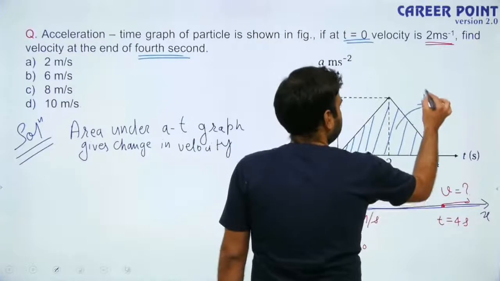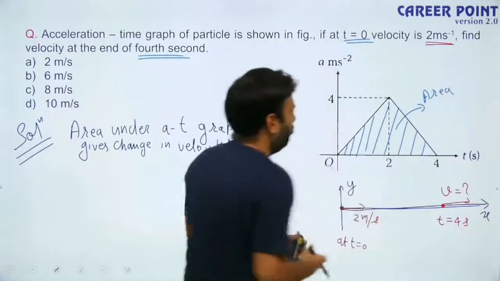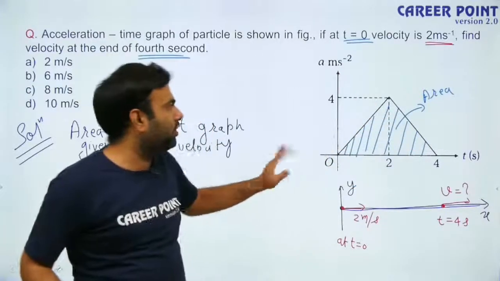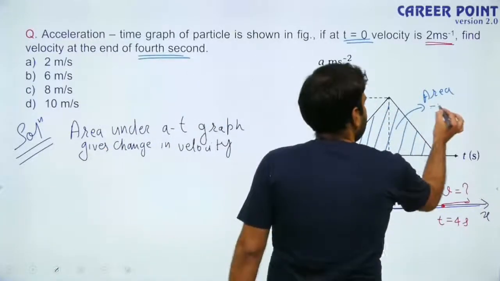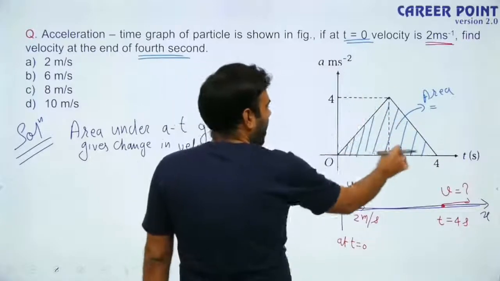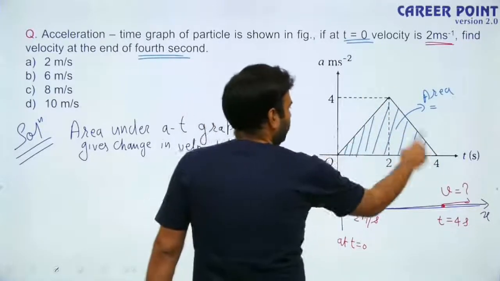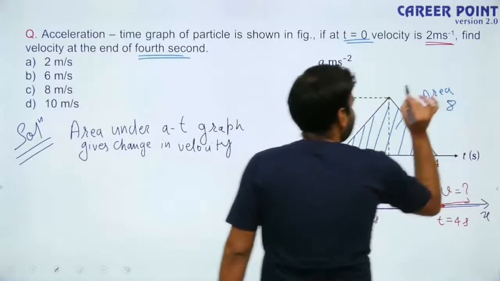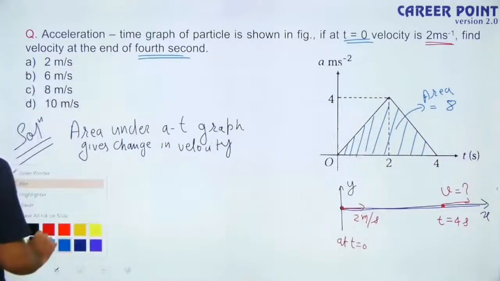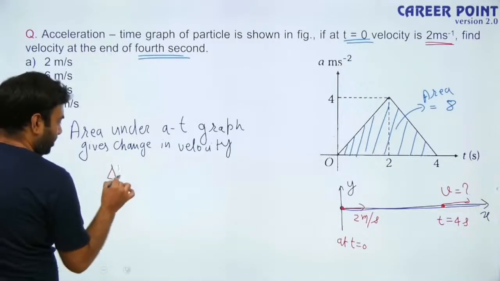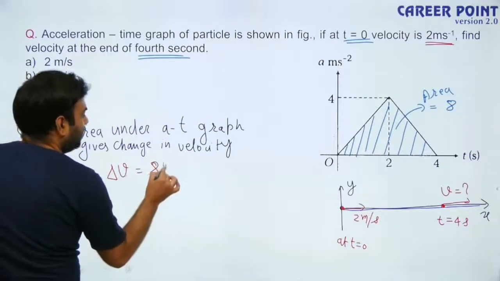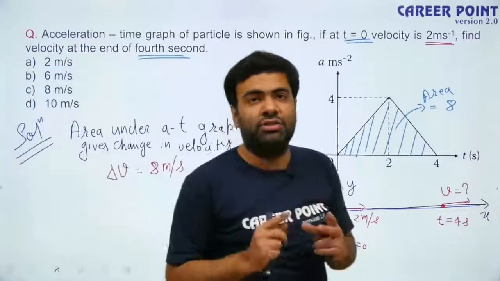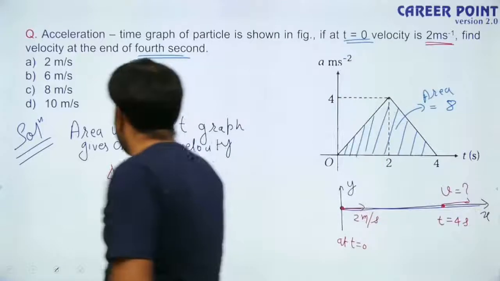What is the area? Upward area is positive, downward area is negative, and here the whole area is positive. So this area equals, what is the area of a triangle? Half into base into height. Base is 4, height is 4, 4 into 4 is 16, 16 into half is 8, area is 8. That means the change in velocity is equal to 8 meters per second. Change is 8 meters per second. Final velocity is not 8 meters per second. What is change in velocity?